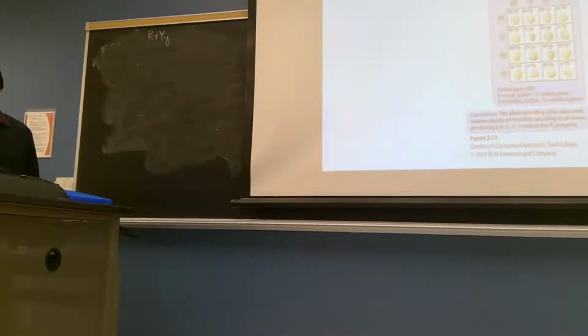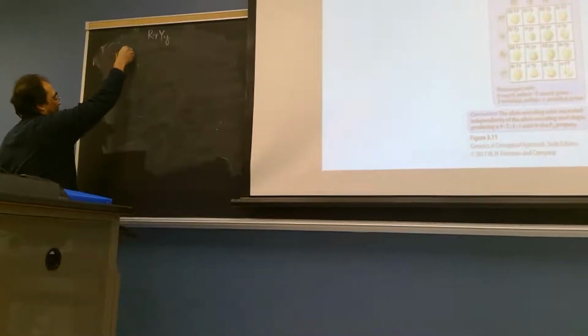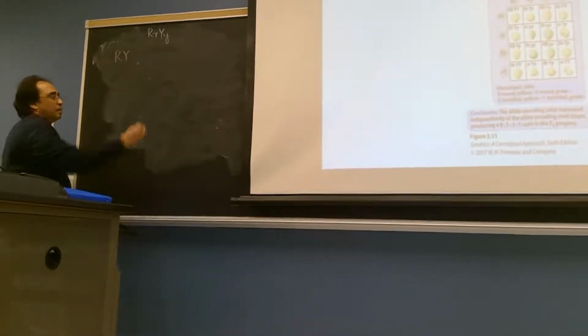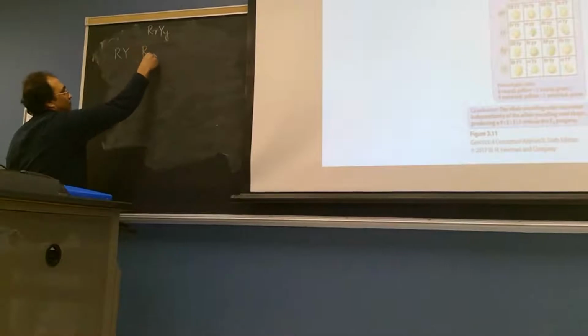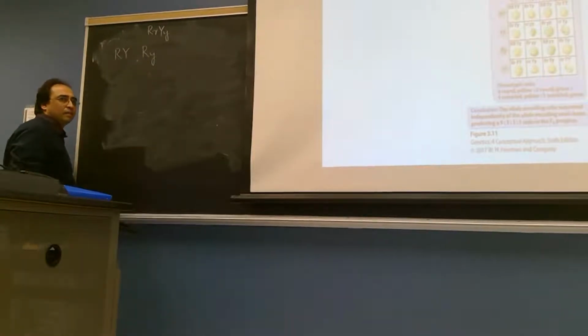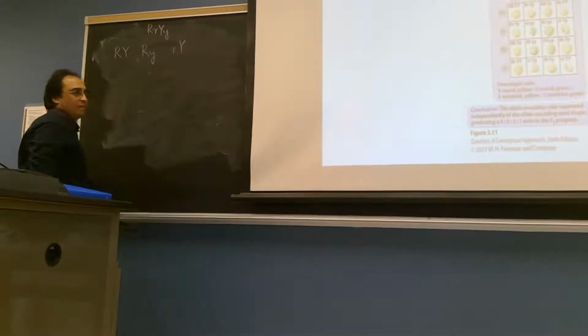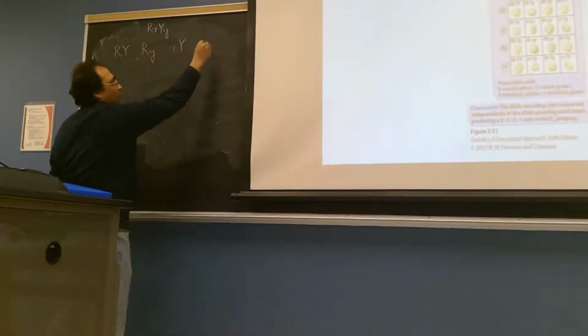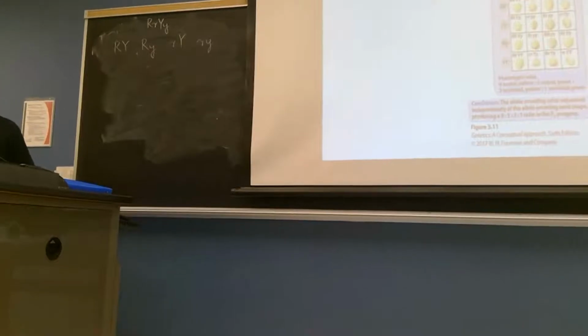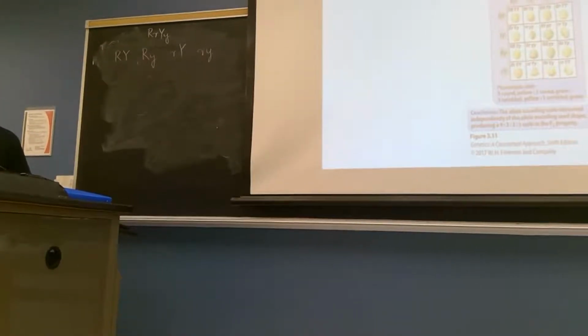What type of gametes could this individual form? It could form a big R, big Y; a big R, little y; a little r, big Y; and a little r, little y. These are the four types of gametes this individual could form.